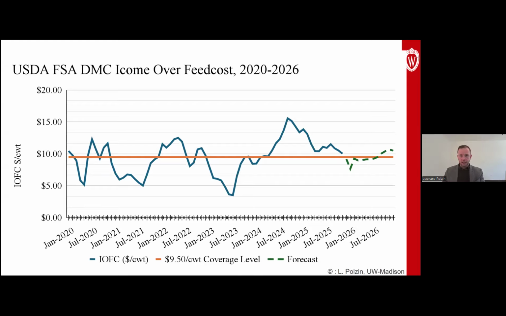It takes into account feed cost and milk price, so some of this is driven by milk price, some by lower feed cost, but we're still trying to provide some sort of risk management for the difference between those two things.